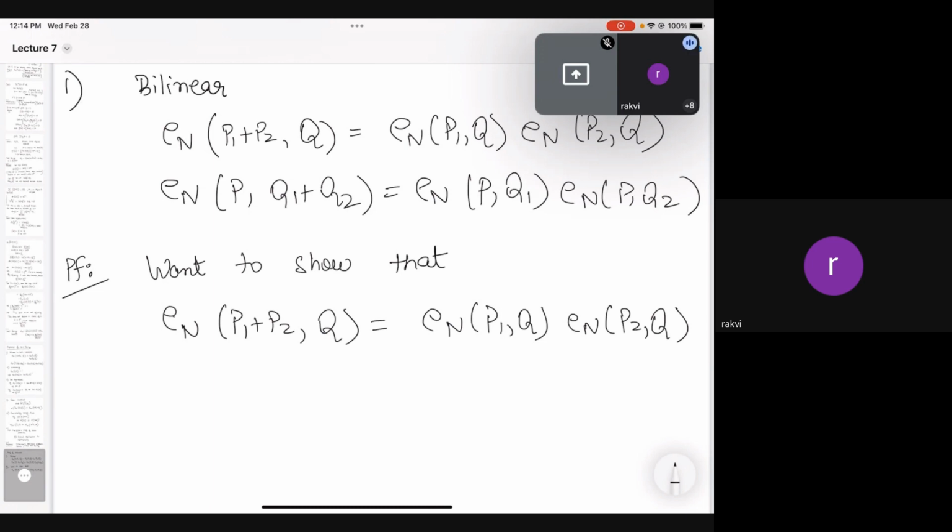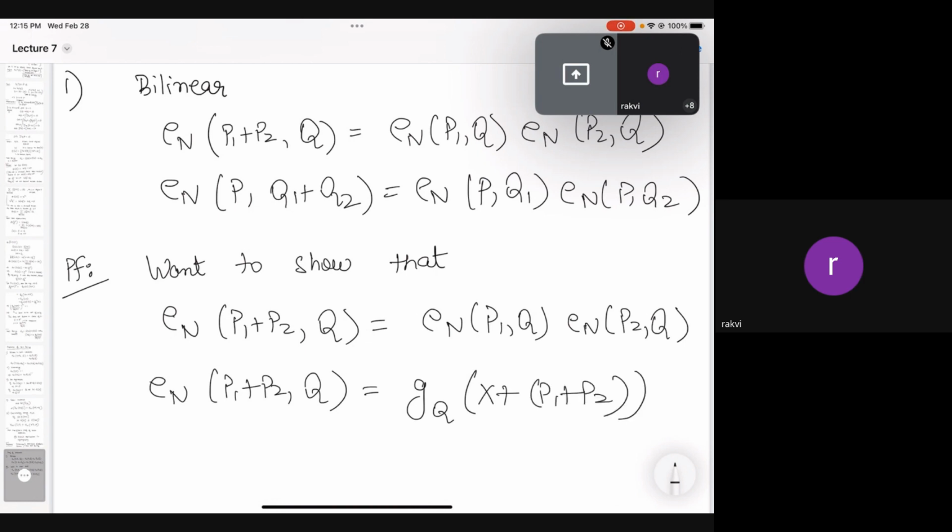The way we define this is a ratio of G's. Our second variable is in a subscript and the first variable goes in the argument, so this is just G_Q of x plus P1 plus P2 divided by G_Q of x.